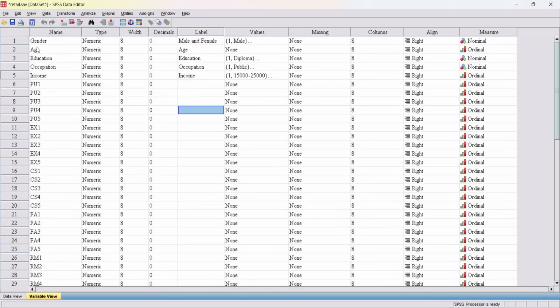So we can start with a demographic analysis of the data. For that, we must have proper data with a demographic profile of the respondents, if we are going for primary data analysis, like gender, age, education, occupation, and income. These are the 5 basic profiles of the respondent.